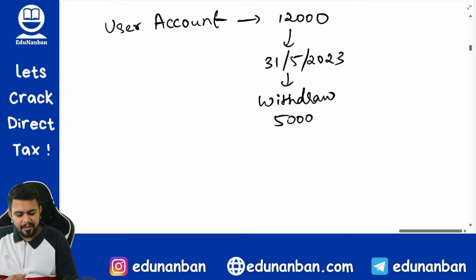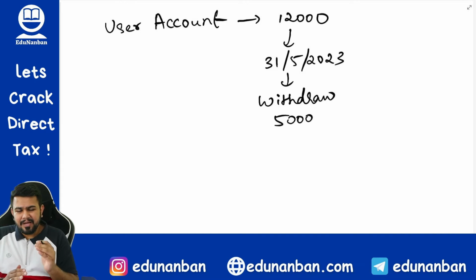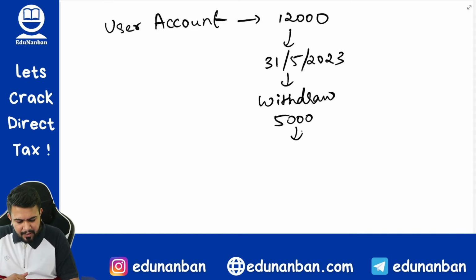Then what will happen? When the user is withdrawing the money and transferring the winnings to his bank account, then the gaming company or the online gaming intermediary should deduct the TDS and only the balance should be given to the user. So when the user is withdrawing 5,000 rupees, what will happen? TDS of 1500.